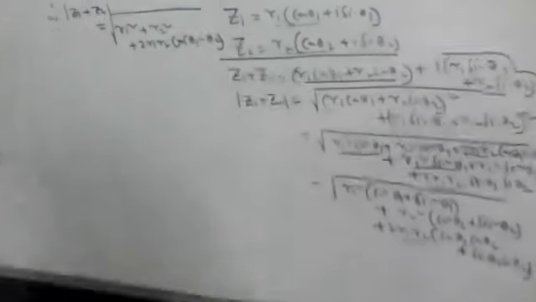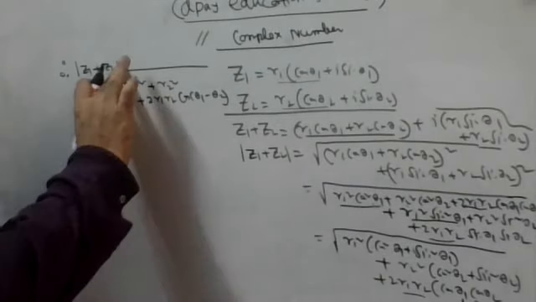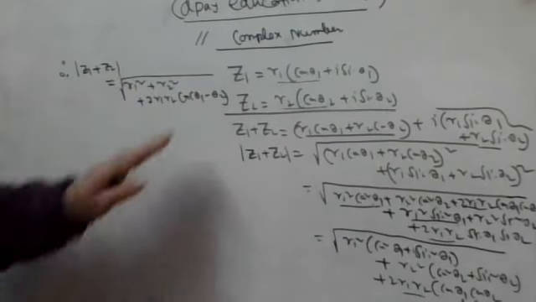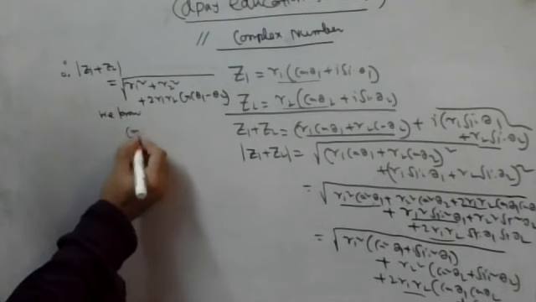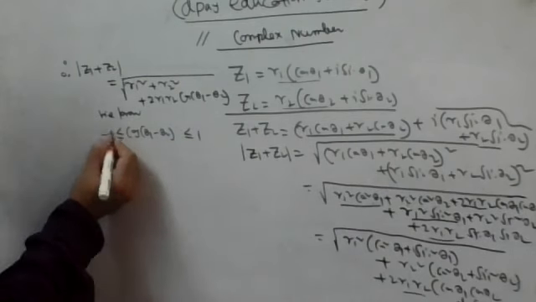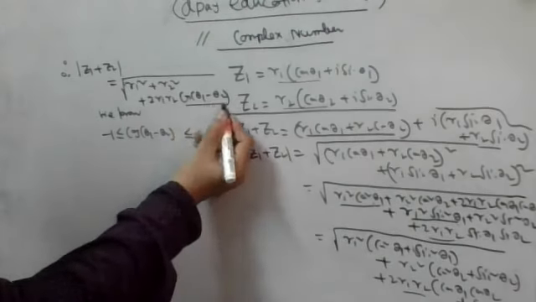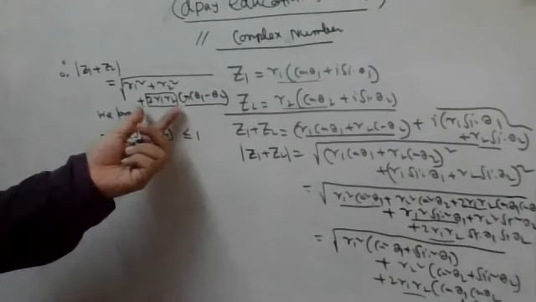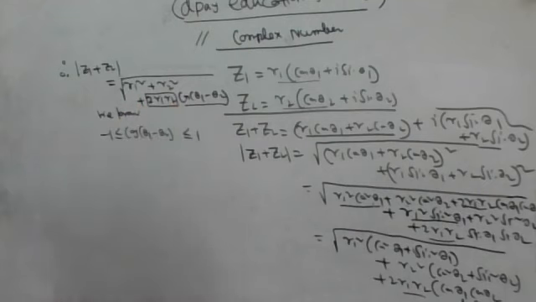Now, what conclusion can I draw from this result? We know cos (theta 1 minus theta 2) ranges from plus 1 to minus 1, and with cos (theta 1 minus theta 2) I have a coefficient of 2 r1 r2.